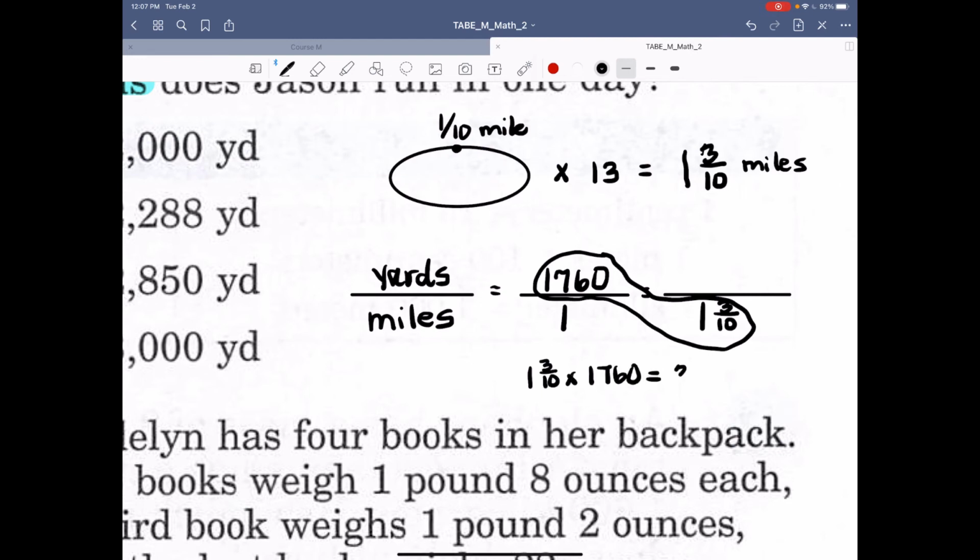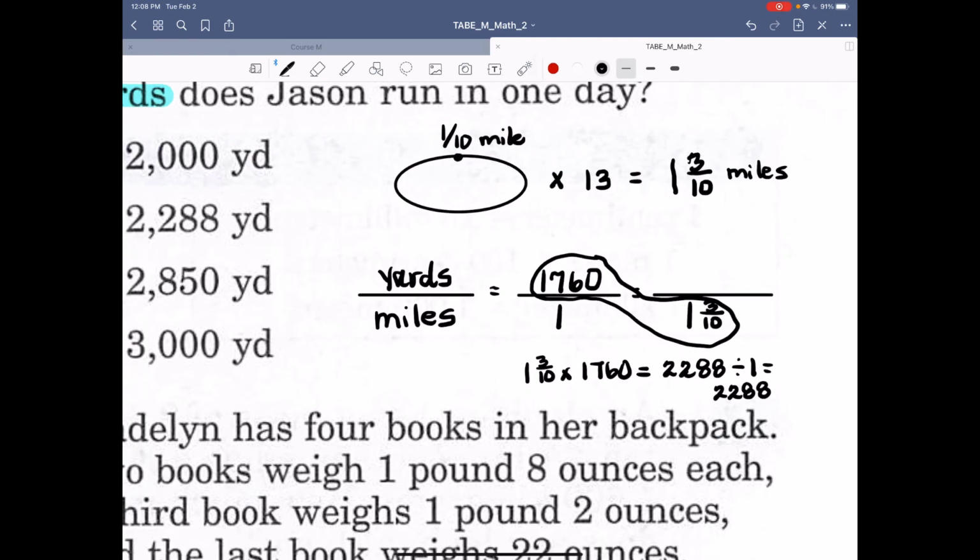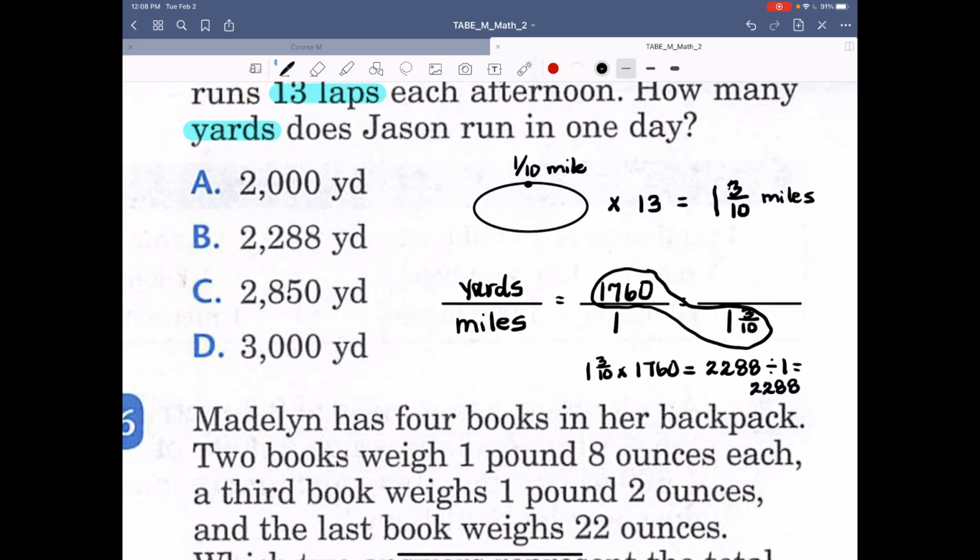That is 2288. And then you divide that by 1, you are still going to get 2288. So he is running 2,288 yards every day. Number 15 is B.